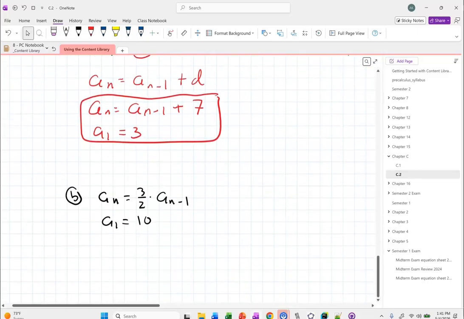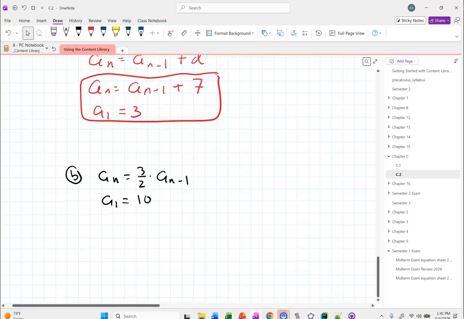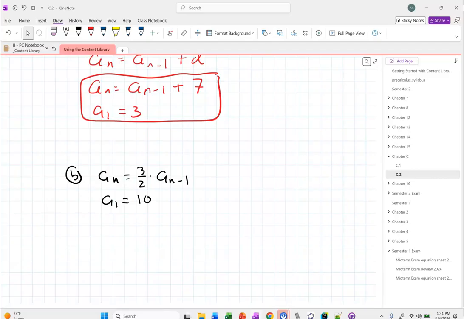Okay. This one, we're going to go from a recursive back to the explicit. First thing I want to do is look at the formula and decide whether this is geometric or arithmetic. If I look at this one, it is geometric. How can you tell? Because of the times, right?